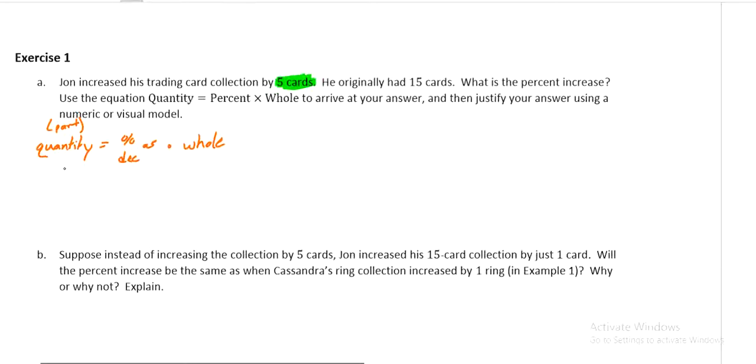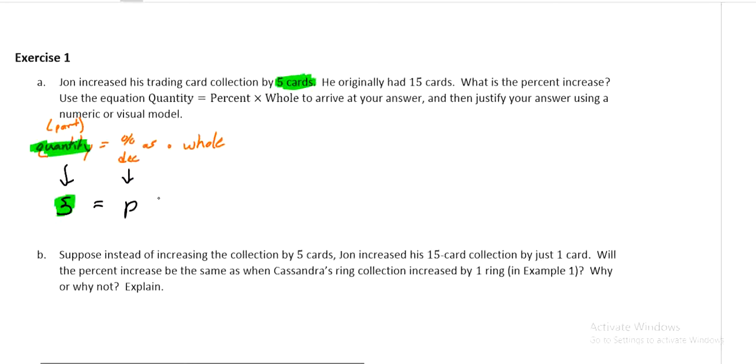So go ahead, we'll put 5 underneath here. That was our quantity. Equals. And percent as a decimal, we actually don't know what that is yet.